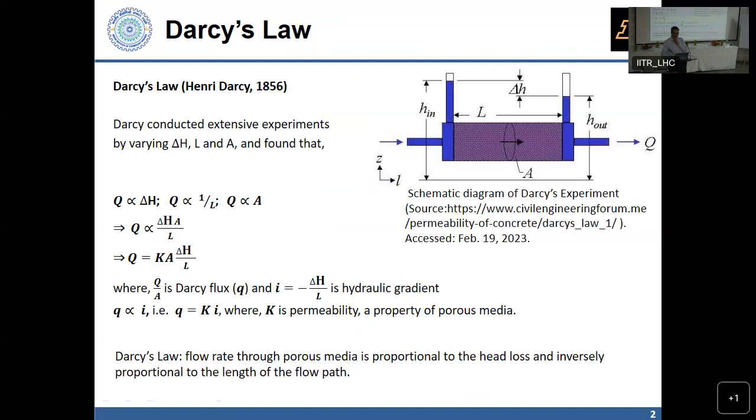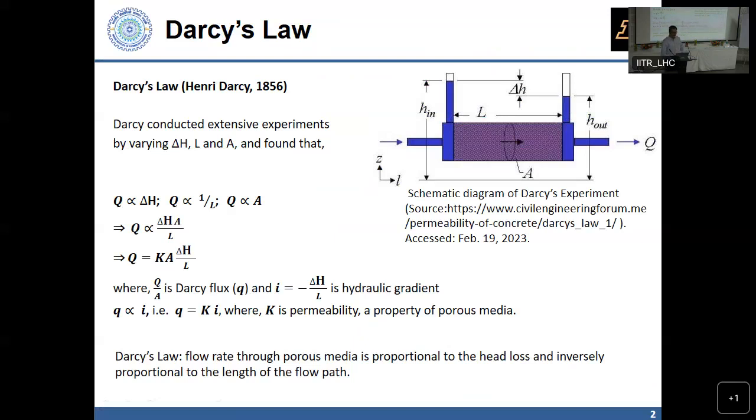We assign a minus sign to it because in calculus the derivative is taken positive if the function is increasing with distance. Here, for the flow to be positive going from the inlet to the outlet, the head at the inlet is higher and at the outlet it is lower, so the head is falling for us to have positive flow, and hence the minus sign.